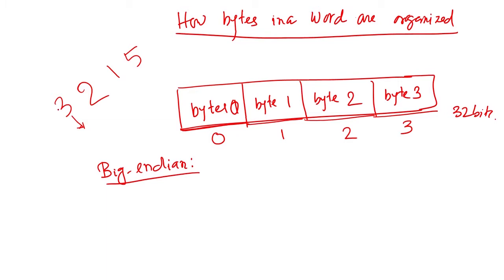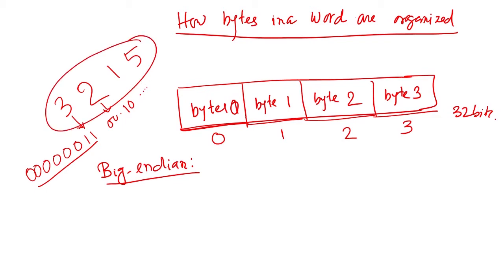So, therefore, the 3 will be 0 0 0 0 0 0 1 1, and this is 1 byte. Similarly, 2 I represented, and each is converted into 8 bits, and so on. Now, I want to represent this 3215.